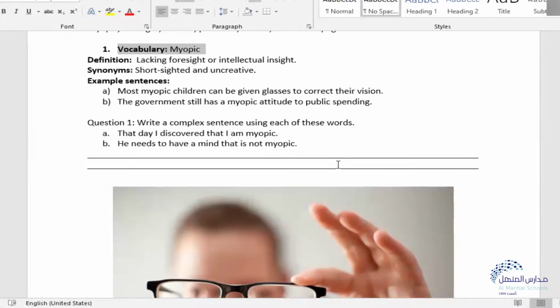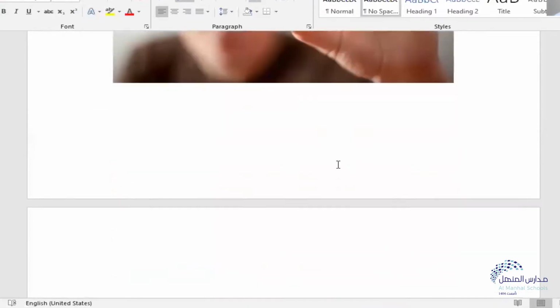And the second one is, "He needs to have a mind that is not myopic." So I think as long as you have followed the principles of a complex sentence and use the word in the sentence, which is what is needed, then you should be able to get this absolutely fine and get it right.